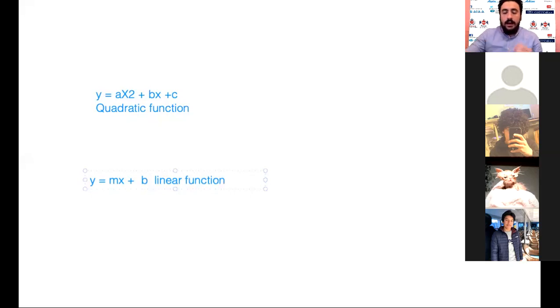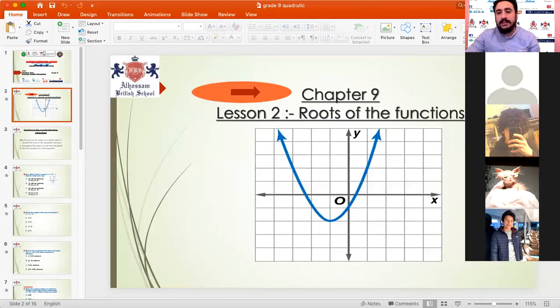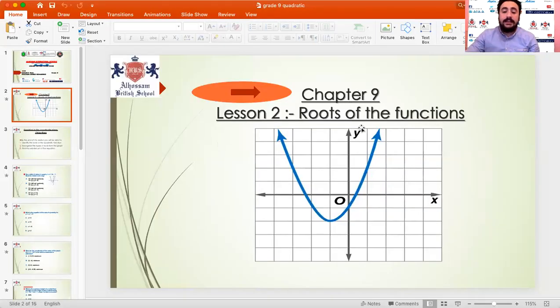I said in the last session, linear function, x raised to the power 1. Quadratic function, x raised to the power 2. So when I say quadratic function, x is raised to the power 2. When I say linear function, x is raised to the power 1. That's it. Okay, Krollus?